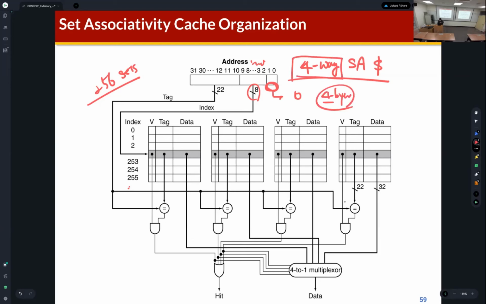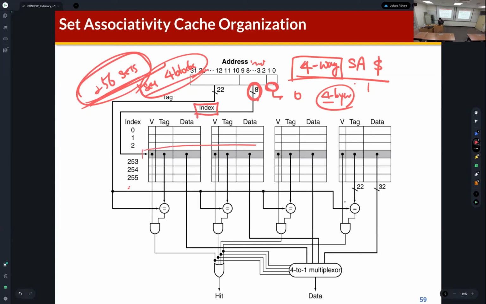Because this is a 4-way set associative cache, one set includes 4 blocks. Then there are 256 sets. Because there are 256 sets, we can use 8 bits of the address field as the set index. And as you can see, each block includes the data area and control bits like the valid bit.